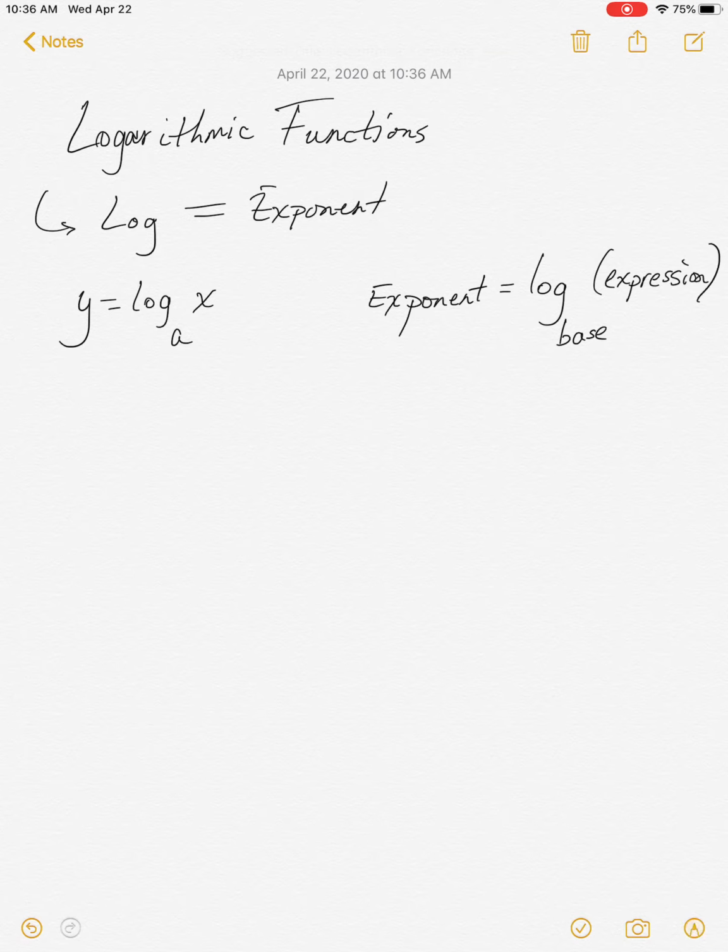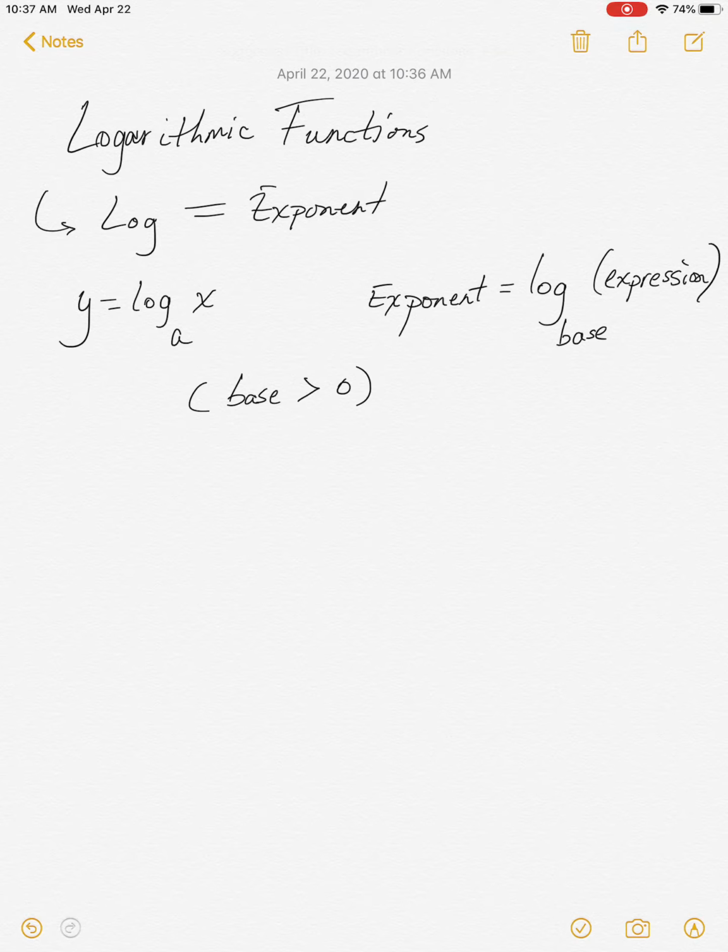Now, the base must be greater than 0, and it cannot equal 1.